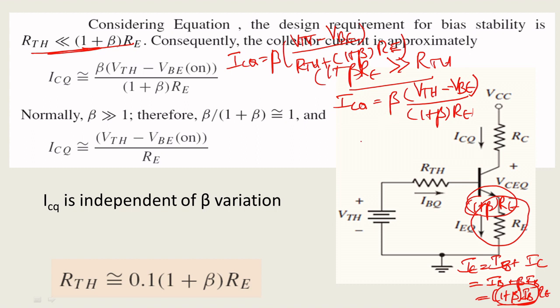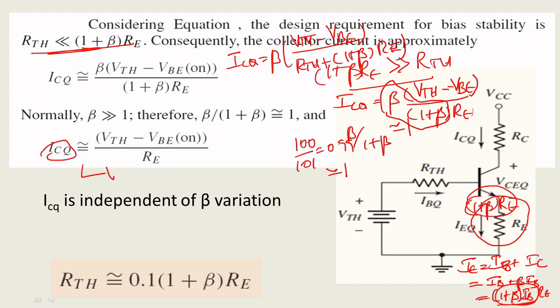Here I can take beta divided by 1 plus beta as approximately 1. Like 100 divided by 101, approximately 0.99. I can take it as a 1. So with that, taking the whole factor as 1, you can see the updated equation. IC equal to VTH minus VBE by RE. So you can see this ICQ is independent of the changes of beta. Whatever beta changes, ICQ will not change. That is the best thing in your voltage divider biasing circuit. In the voltage divider biasing circuit, your IC is independent of the beta variation. That's the first thing you have to remember.